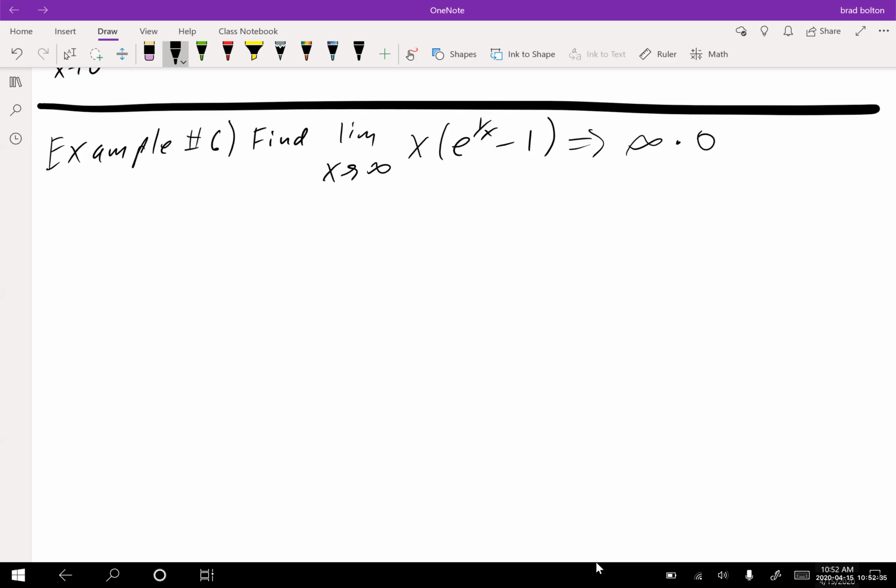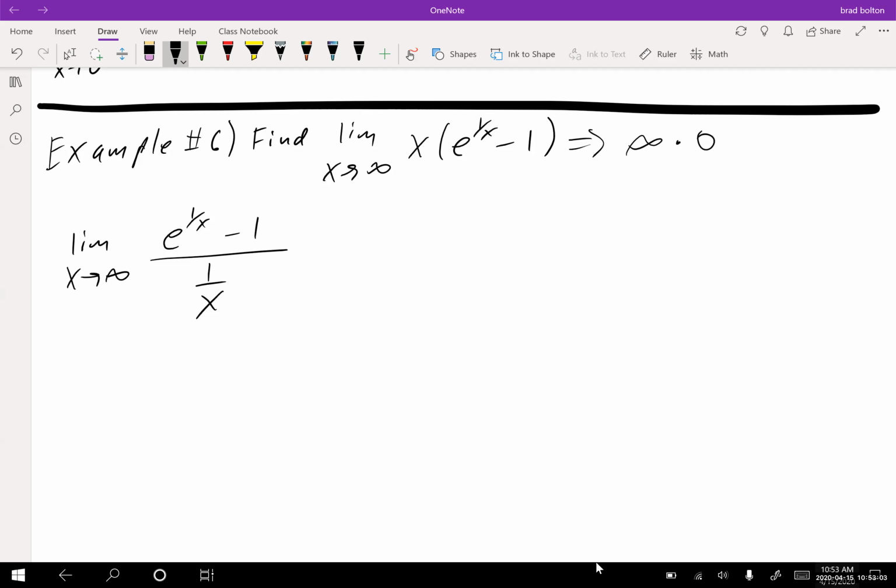But if we could somehow write it as 0 over 0 or infinity over infinity, we could use L'Hopital's. So we're going to do a little bit of algebra to get to L'Hopital's. We're going to say the limit as x approaches infinity of (e to the 1 over x minus 1) divided by 1 over x.